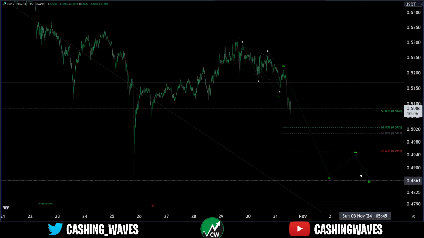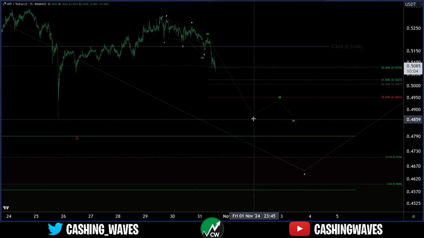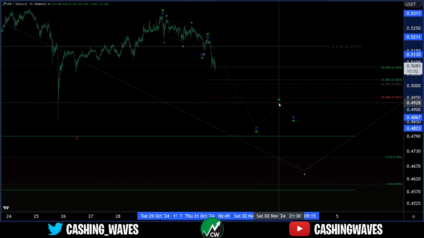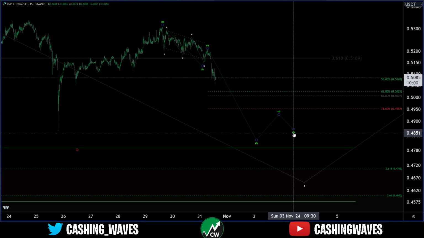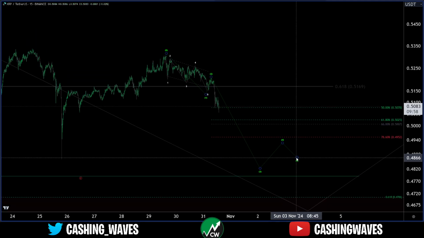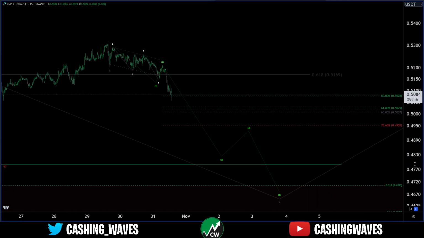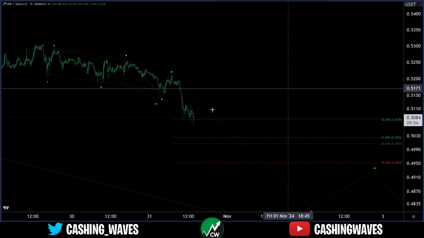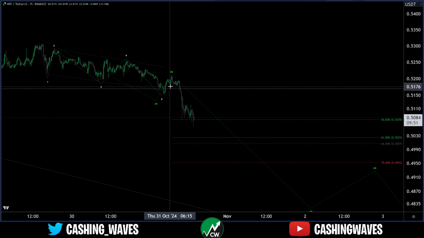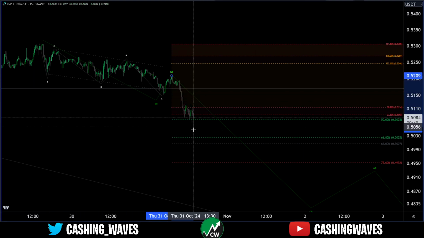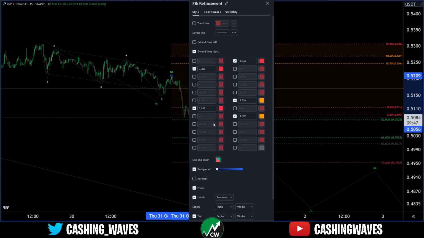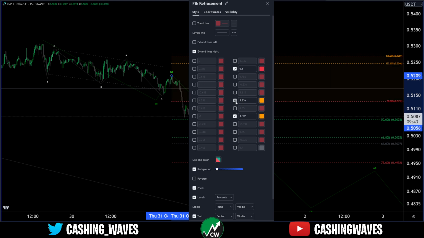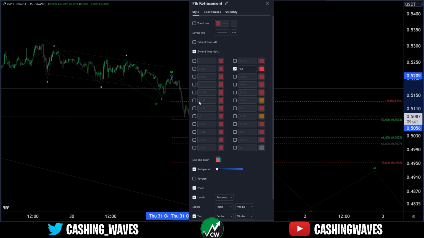So in this scenario, we're looking for this C wave within the 3rd, which should be 5 waves. And we'd throw on our fibs. Look for that 50, 618, and the 786.